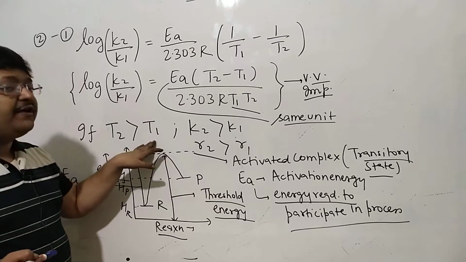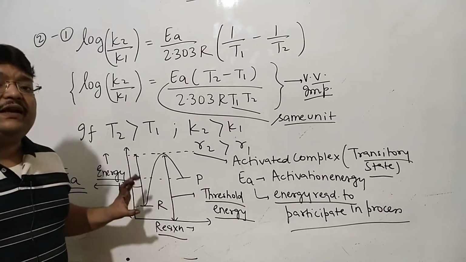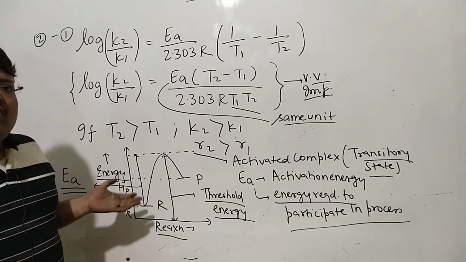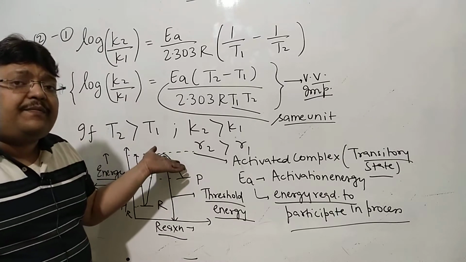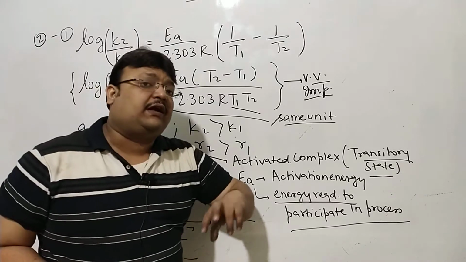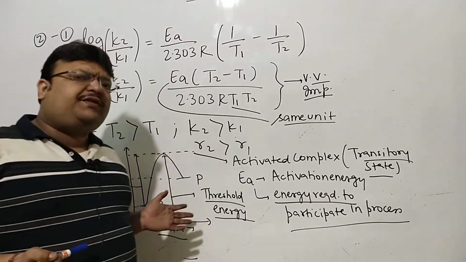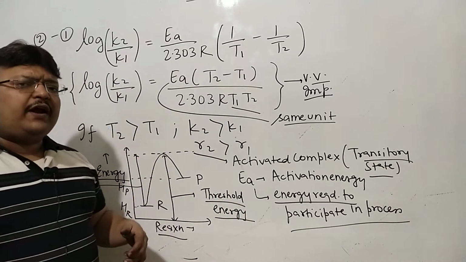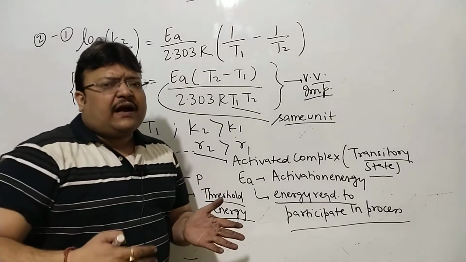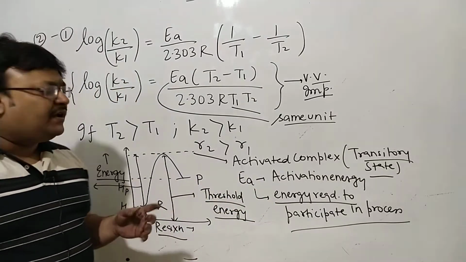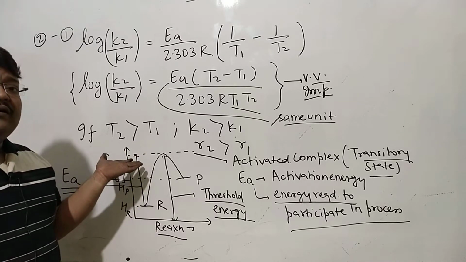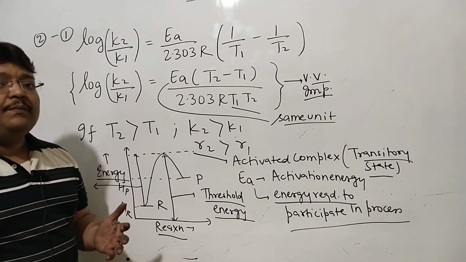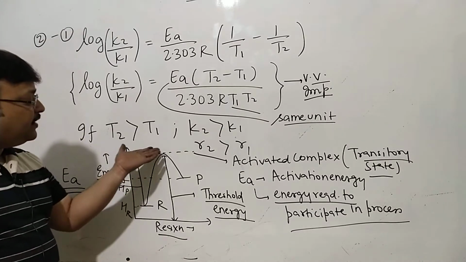When you increase temperature, more and more molecules will gain activation energy. More molecules will cross this energy barrier, and with more molecules participating, the rate of the process will definitely increase. So this is the logical understanding. For reactants to mature into products, there is an energy barrier, and naturally, increasing temperature is like allowing more molecules, more energy to cross this energy barrier.